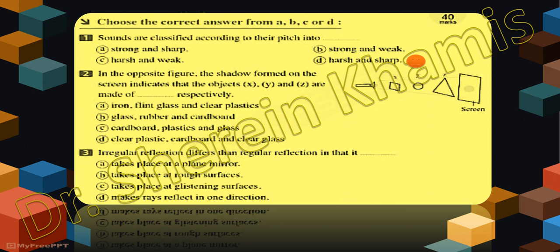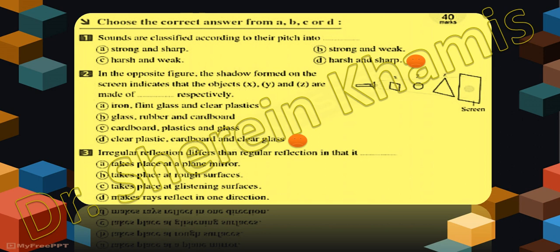Iron, flint glass and clear plastic, no. Glass, wrapper and cardboard, no. Cardboard, plastic and glass, no. The last one has clear plastic first, then cardboard, which is the circle here, and lastly clear glass. This is the right answer, letter D.